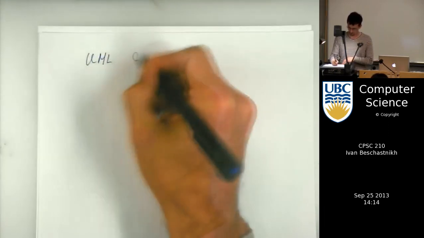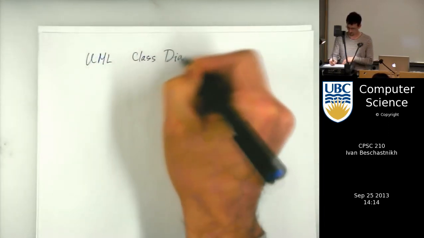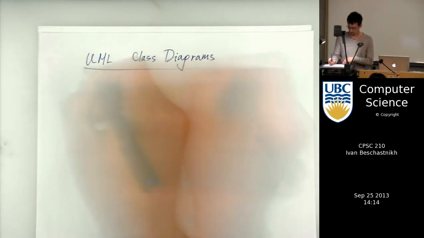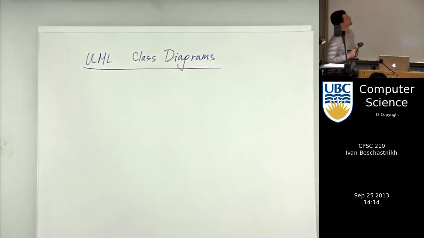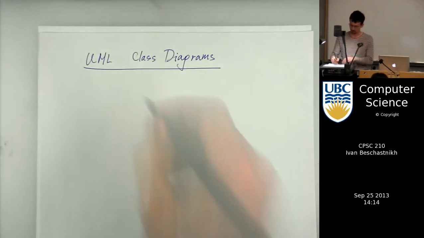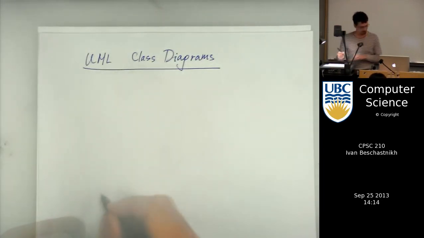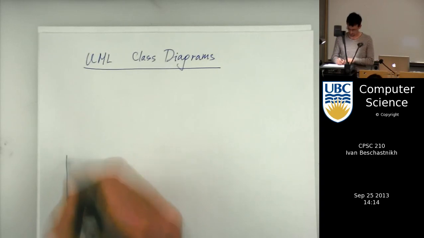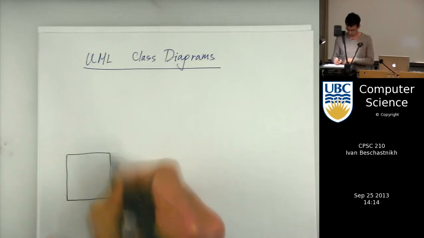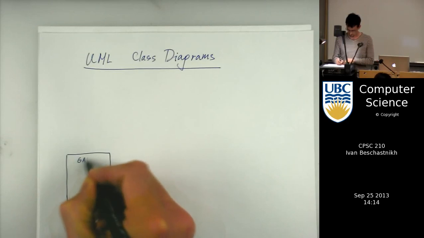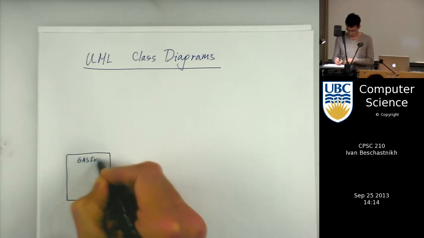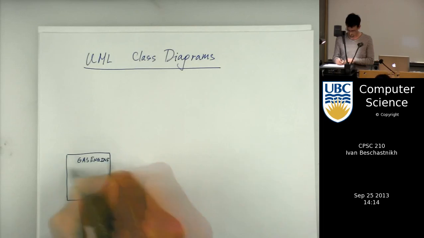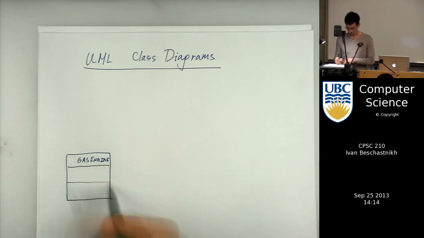Yeah, so the class diagram. This should be a review for you. In terms of models, these were the really boring models. So basically, if you look at this code, there's the gas engine and there's the electrical engine, and so you can create two boxes and say, okay, so there's gas engine, and the gas engine has some fields and some methods.